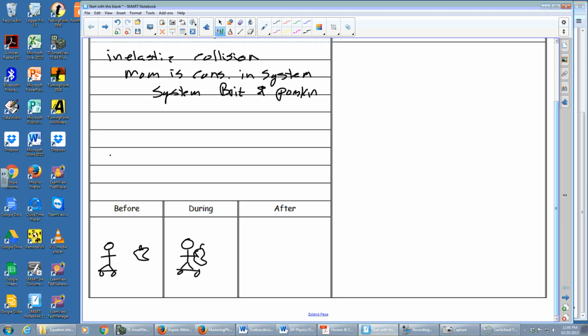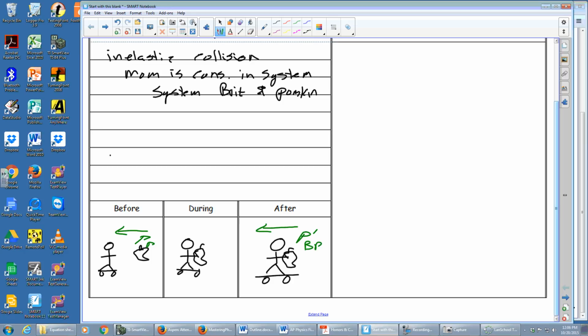And then afterwards, it looks very similar to my during. And then I get into my momentum vectors. She wasn't moving, so she has none. The pumpkin is going to have a momentum that way. And then afterwards, we're going to have the momentum after, which I'm going to call Brittany and the pumpkin.